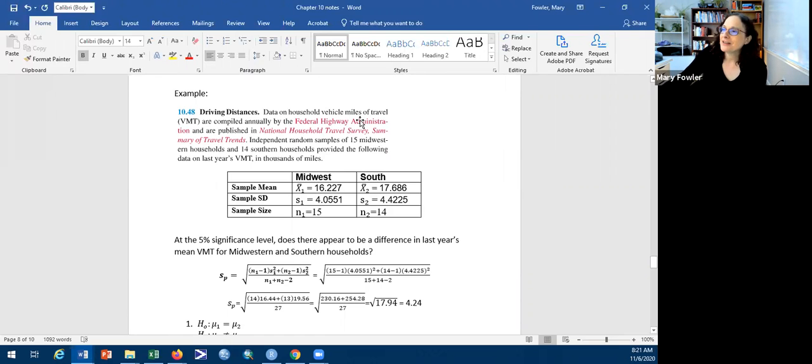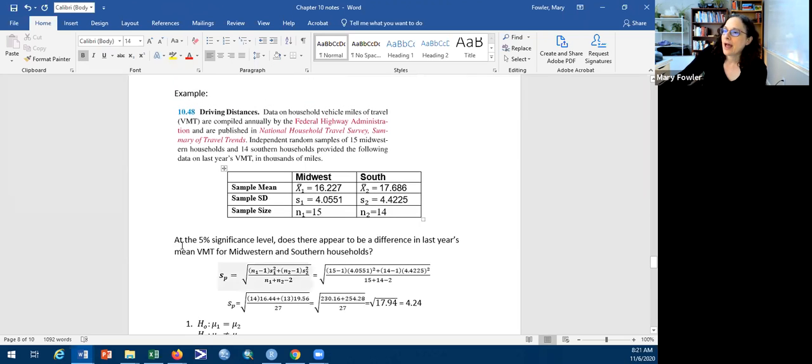So back to the driving distances and the vehicle miles traveled. This was our summary statistics table. And you'll note that I have now identified the Midwest with a subscript 1: X bar 1 is the sample mean from the Midwest population, and X bar 2 is the sample mean from the South population.